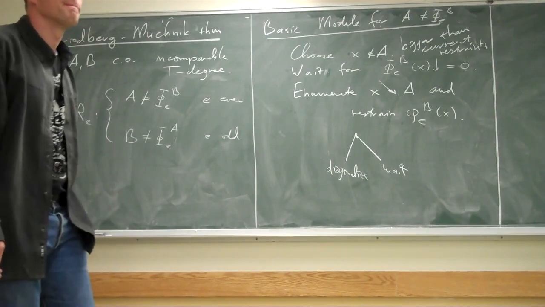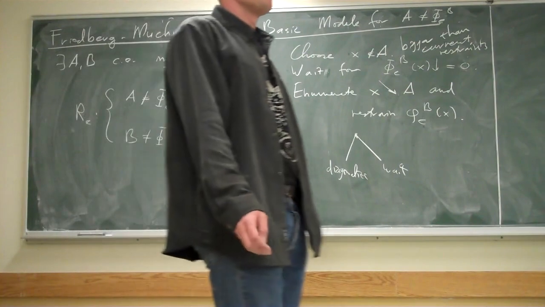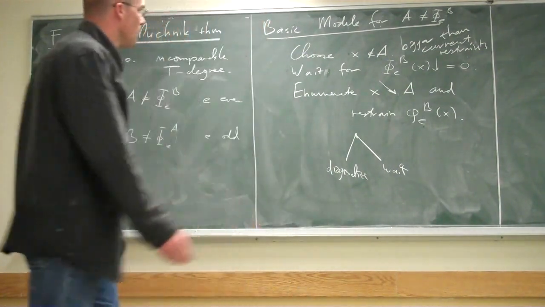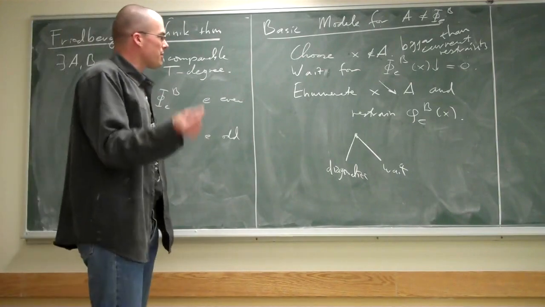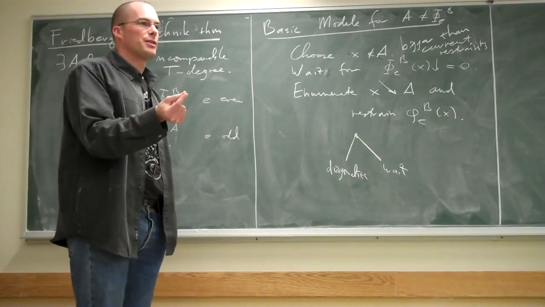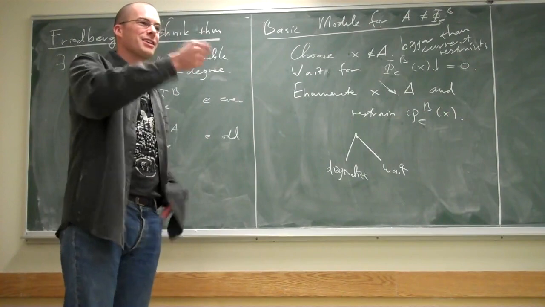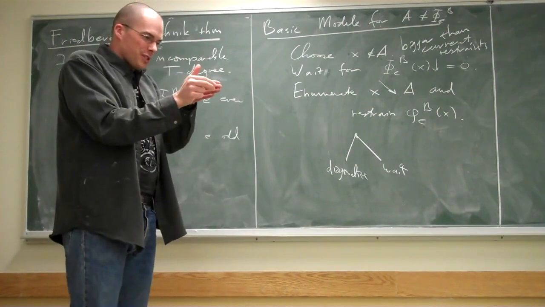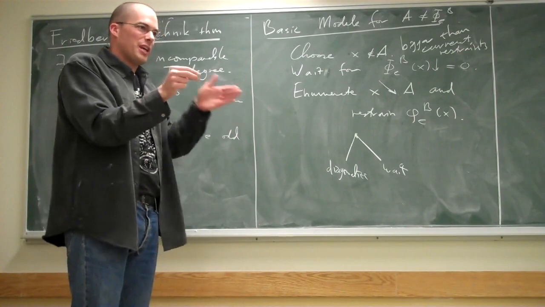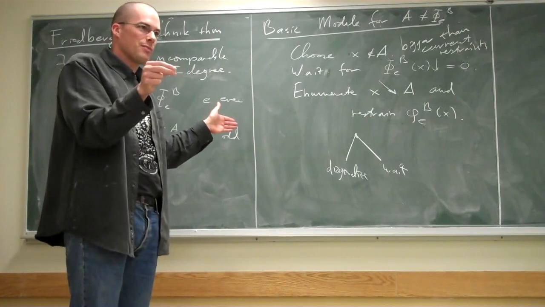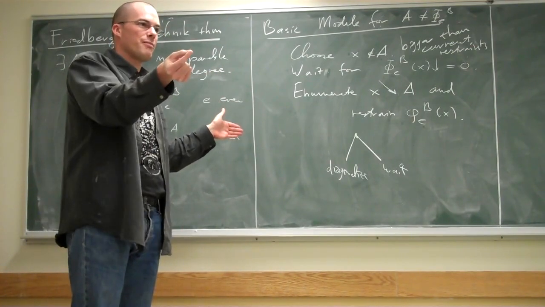How do you know this only finitely many times things get injured? It's by induction. I presume that everything acts only finitely many times. Or my induction statement is, for all requirements less than E, they act only finitely many times and their restraints stabilize. And then I look at E plus 1.